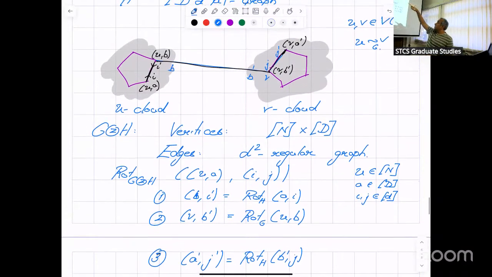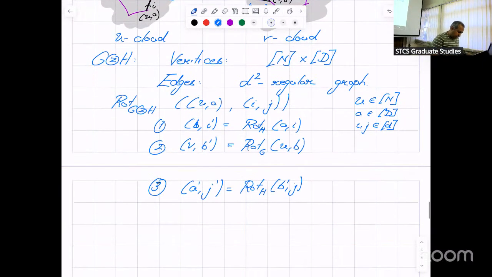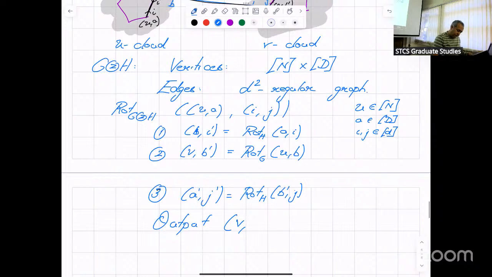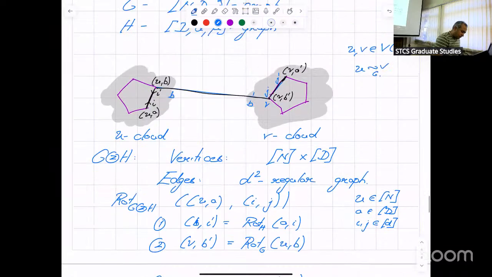So it's actually the zigzag. It looks like a Z. And you're going to output V, the other cloud you went to, the neighbor you went to, A prime. So that's the vertex you finally land up with. So if you start off with this, if this was your starting point, that's going to be your ending point. So for every such zigzag, you put one edge, a green edge.